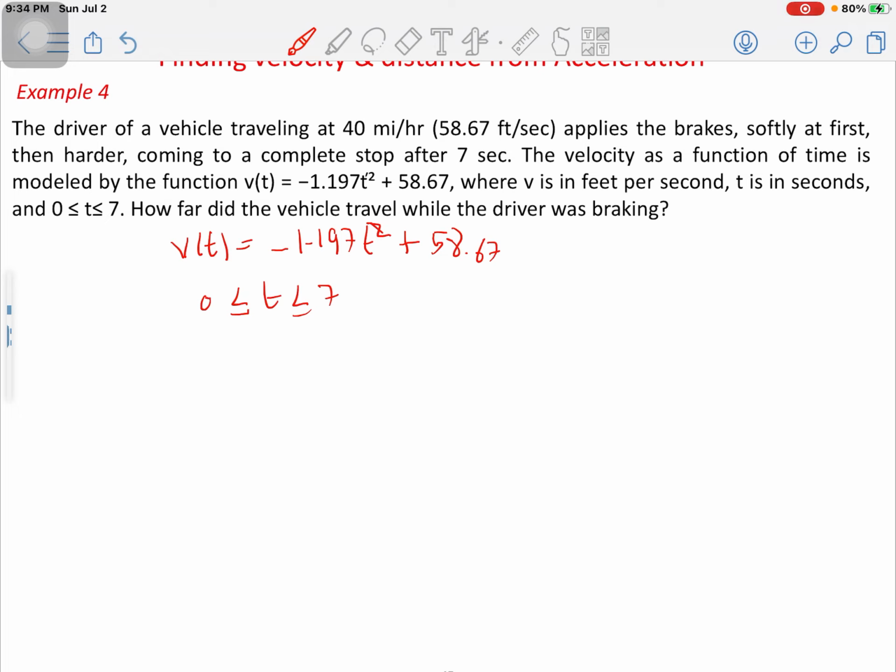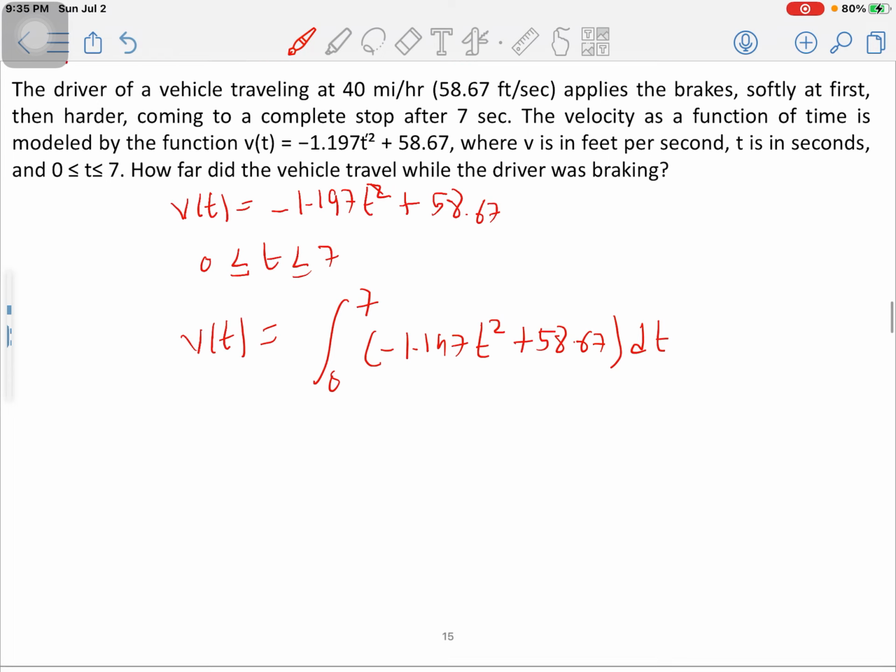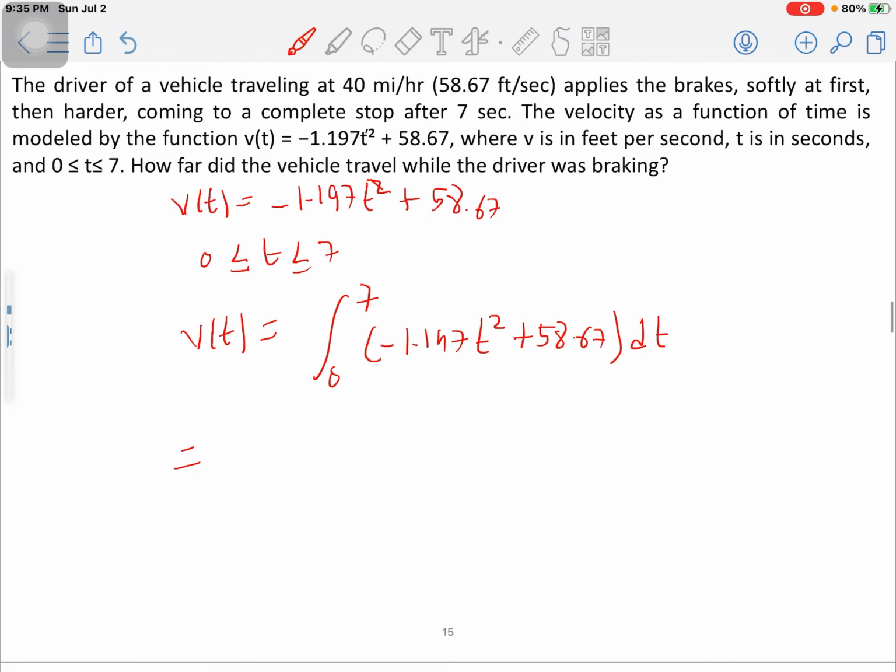So this is as simple as that. The distance traveled is given by the definite integral of v of t, equal to the integral from 0 to 7 of the function negative 1.197 t squared plus 58.67, and remember it's dt because we are integrating with respect to t.